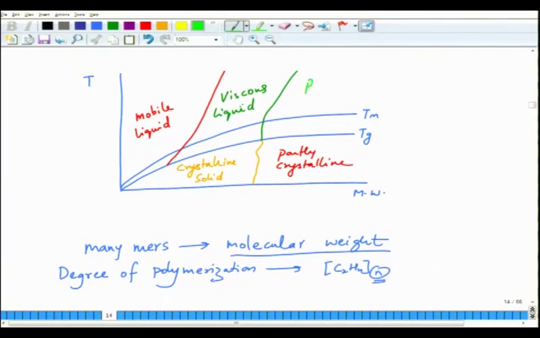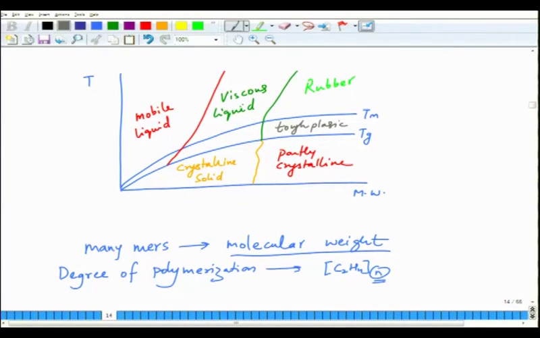And then at very high molecular weight, it tends to become a rubber-like material, and in between somewhere it acts like a tough plastic. So, these are typically the regimes of polymers as a function of molecular weight with respect to temperature.